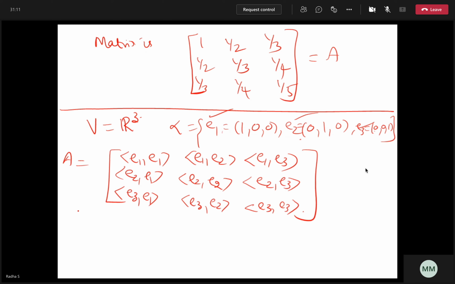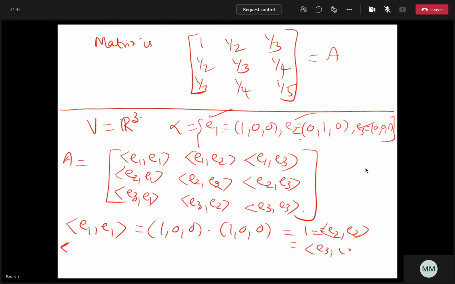What is the inner product here? The inner product of E1, E1 is just the dot product of these two things. What is the dot product of these two things? 1. Which is also E2, E2, E3, E3, everything is 1 here.